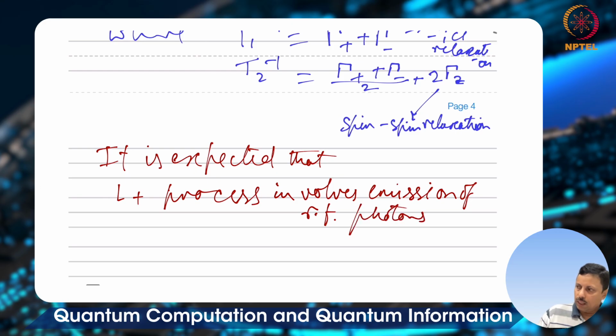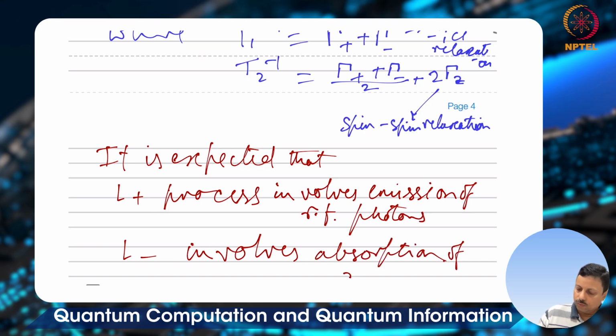And L minus involves absorption of RF photons. So this is kind of clear.